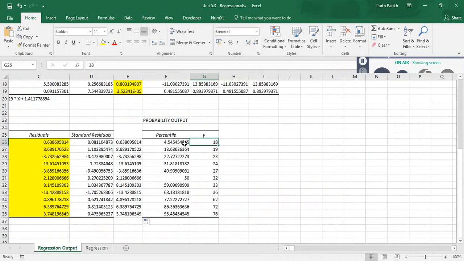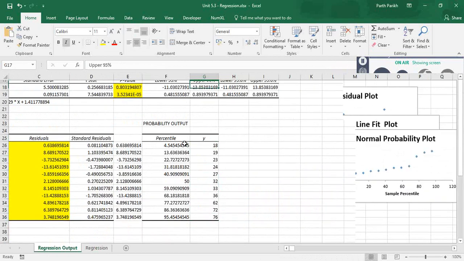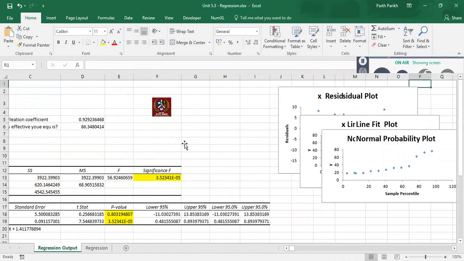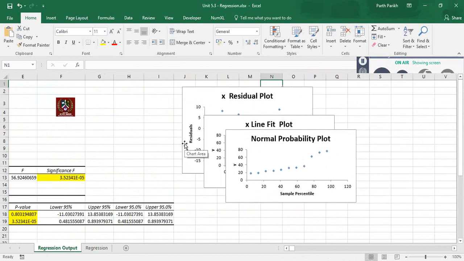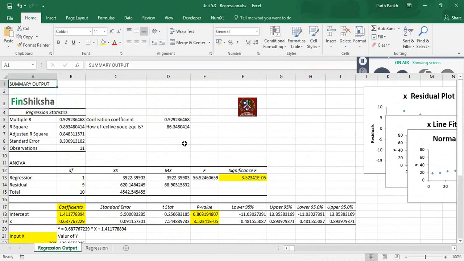It's not yet 0 percentile, the value is not 0. 32 is at the center, which is more like a median of the entire series, and 76 stands at 95.45 percentile. So this basically gives us the statistical output, which is more like a measurable output. And then you have the graphs, which are similar to this. We don't actually require the graphs when we are looking at the regression.